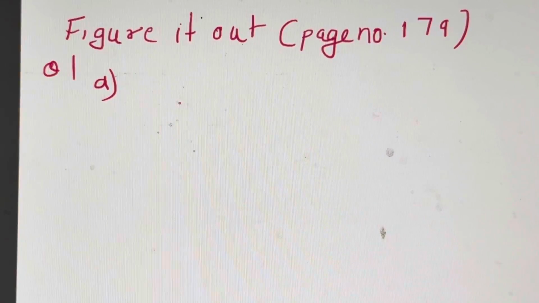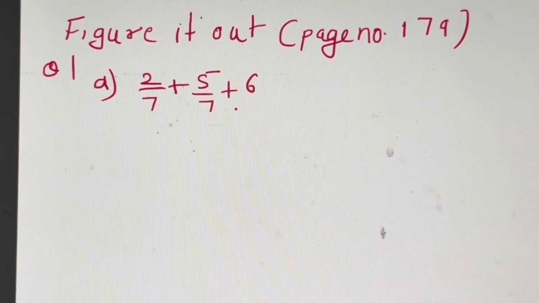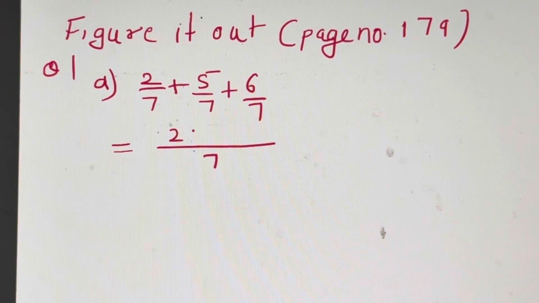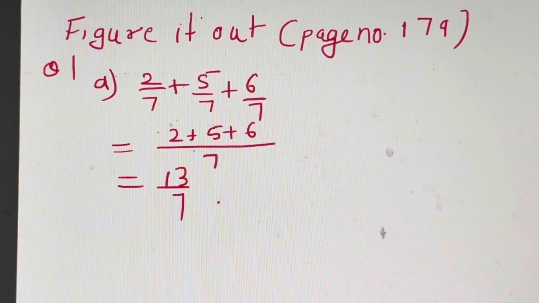of adding the fractions is 2 upon 7 plus 5 upon 7 plus 6 upon 7. Okay. Now you can see here the denominator is same. So you can simply add the numerators. Right. So 2 plus 5 plus 6 is 13 upon 7, right?